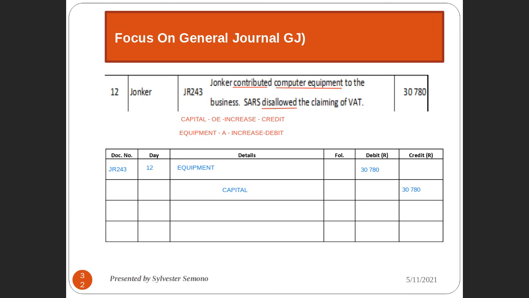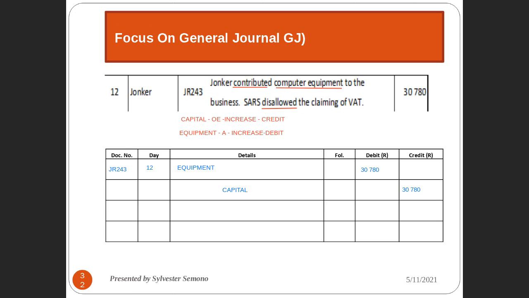Now, let me talk about the folio, guys. Folios sometimes are not that useful. Remember, in accounting, we have five groups of accounts: assets, owners' equities, liabilities, incomes, and expenses. Assets, owners' equities, and liabilities are called balance sheet accounts. Incomes and expenses are called nominal accounts.